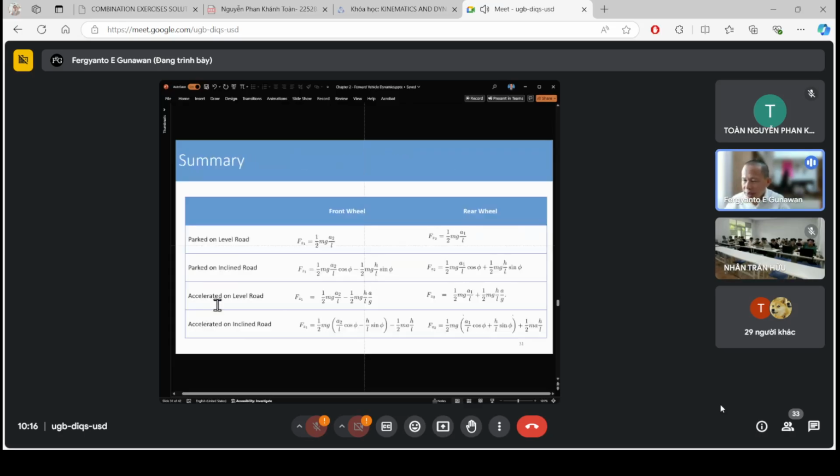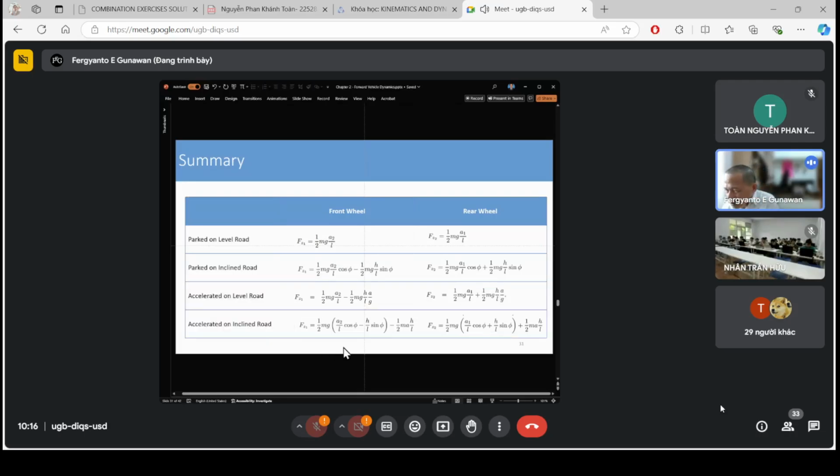Okay, so for the summary, now let's talk about the front wheel and the rear wheel for the parking conditions, parking on the inclined road, acceleration on the level road, and acceleration on the inclined road.